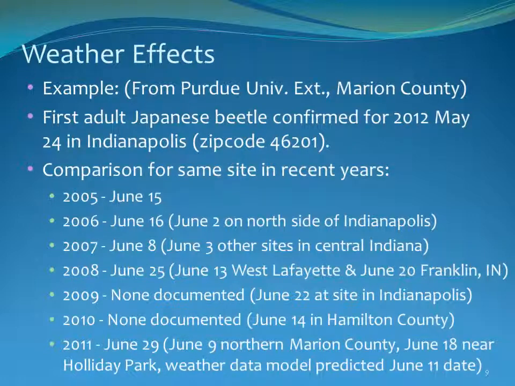And you can see below, listed under the bullet points, the typical time that they would be first sighted. And so these data show that the beetles were coming out quite a bit earlier than would have been expected. Now it's not all apples to apples because some of them are at slightly different areas, but anyway, you get the gist of the idea.